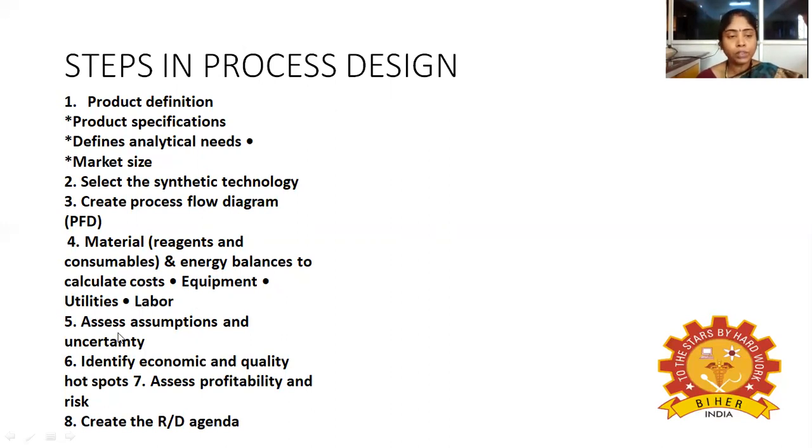Okay, so the fifth one is to assess the assumptions and uncertainty, whether the process being carried out for a product formation needs any assumption, or if there is any uncertainty, we have to assess all those things.